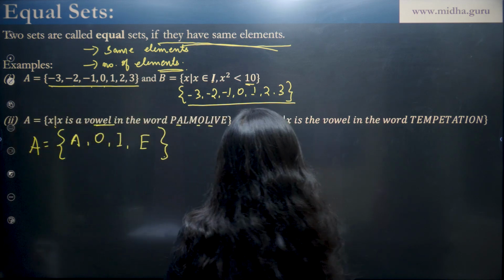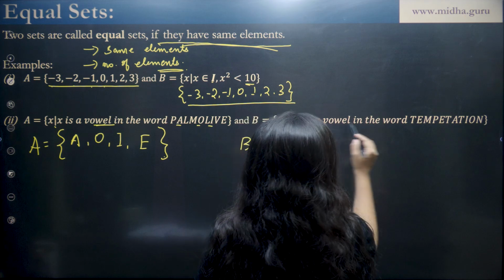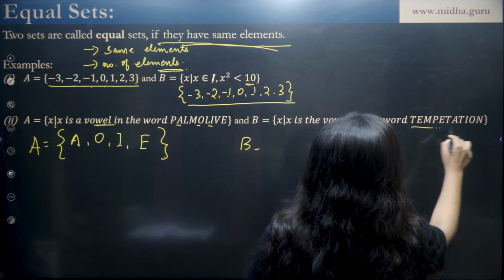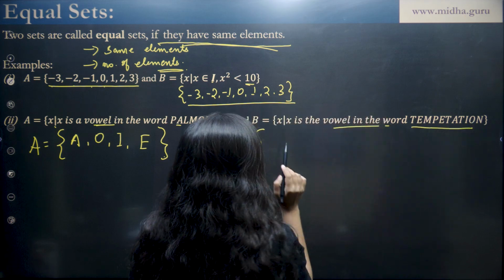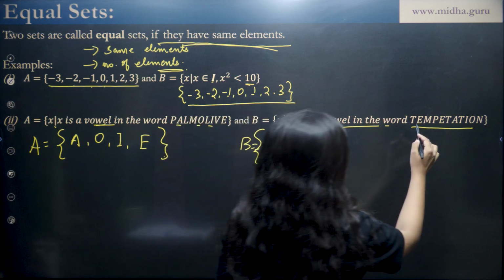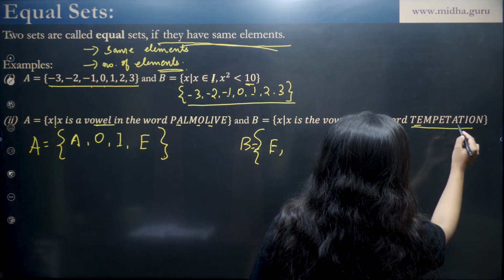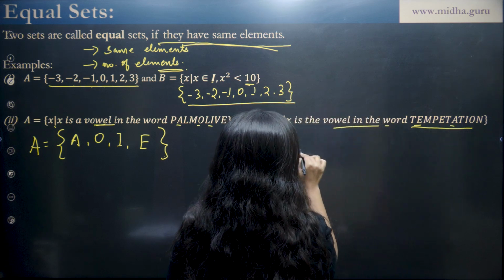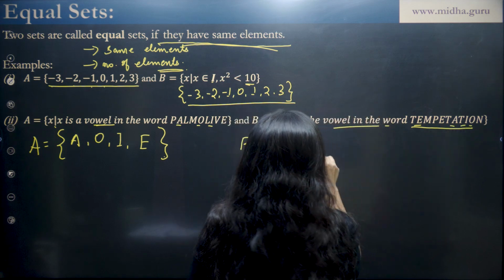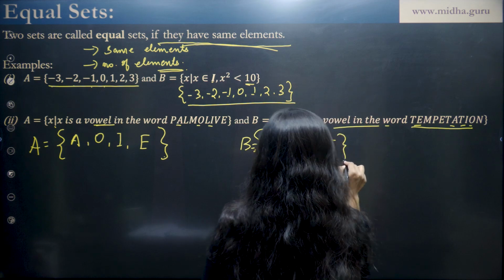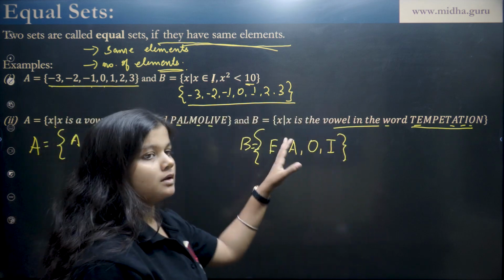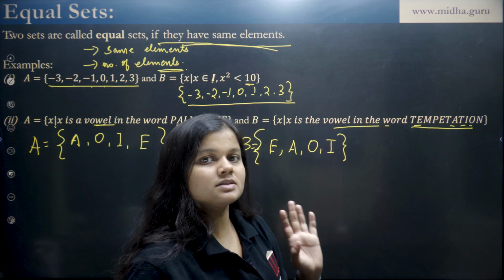And next is B, the set of vowels in the word temptation. Let's write the elements here: E, A, I and O. The order of the elements doesn't matter, right?